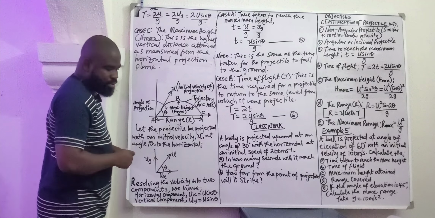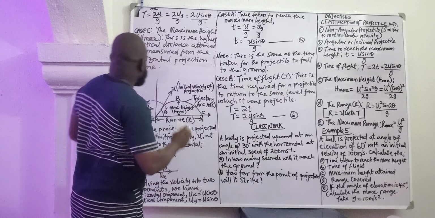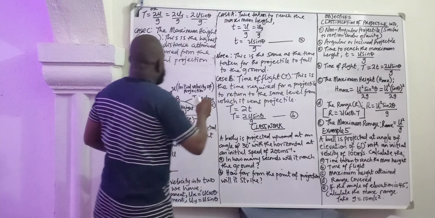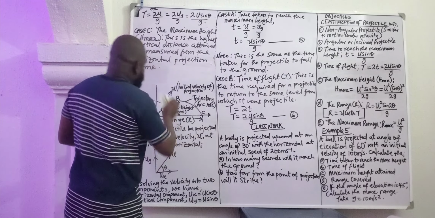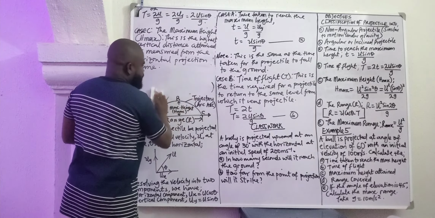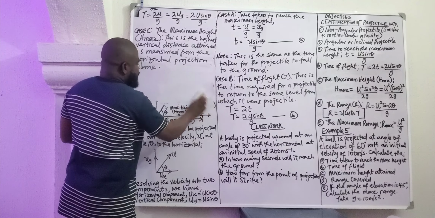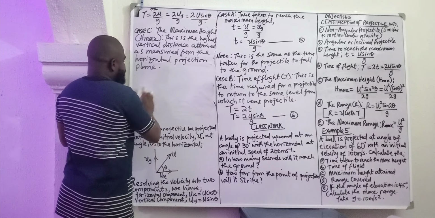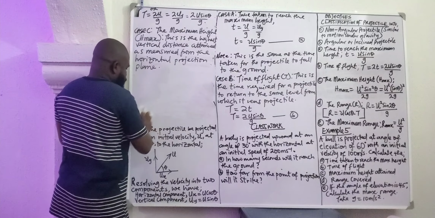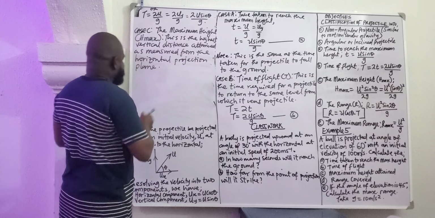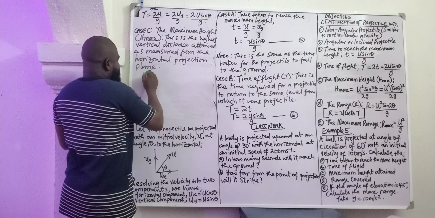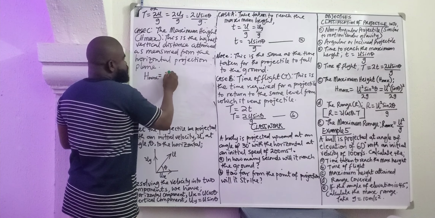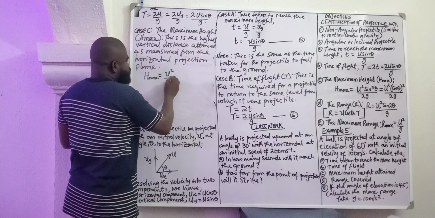How do we obtain the formula for the maximum height? If you recall, for case 1 as well, an object that is thrown vertically upward, we have that the maximum height there, H max, is given as u square over 2g.